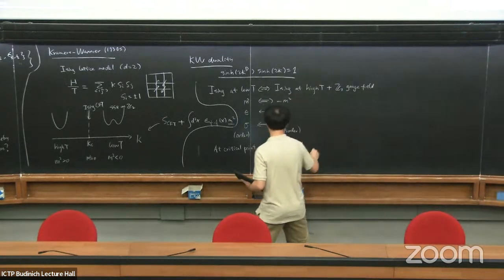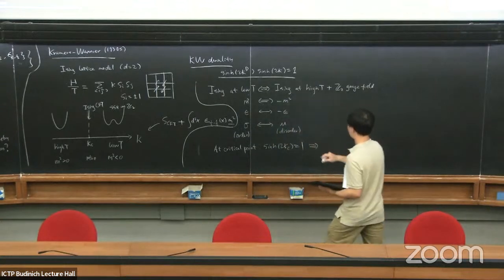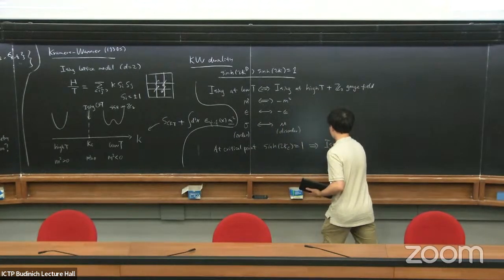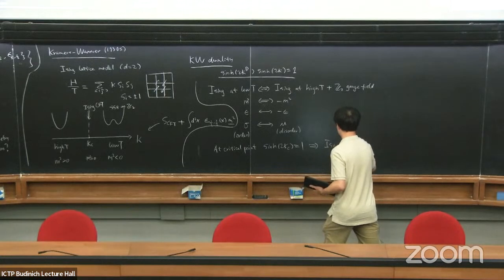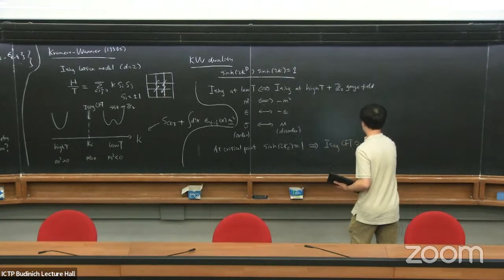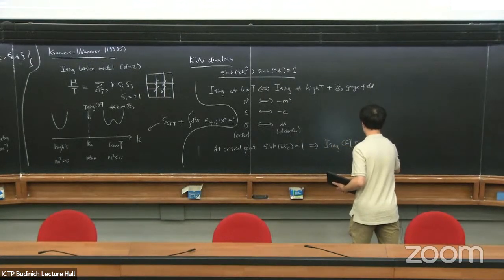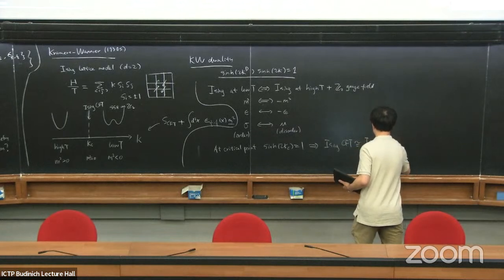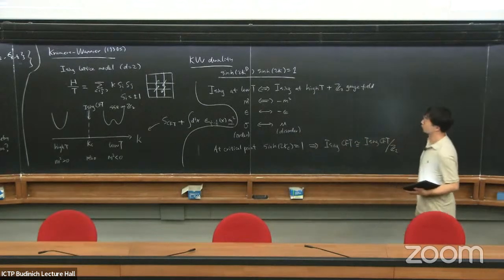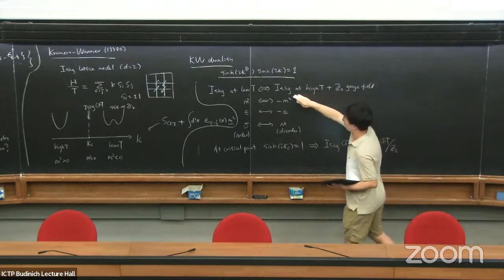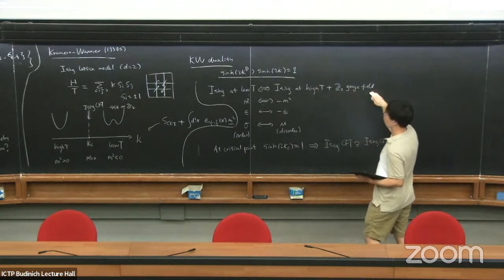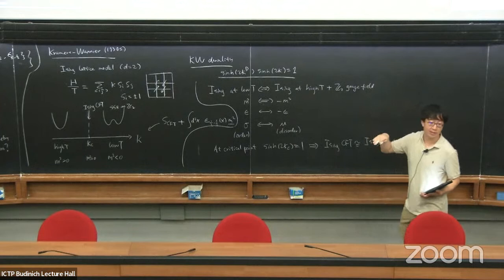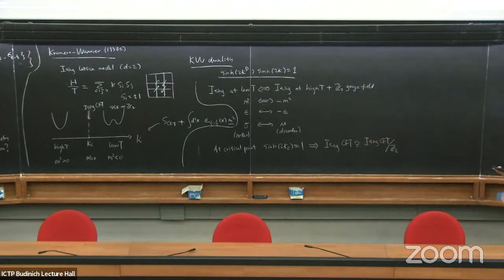This duality implies that the Ising CFT is equivalent to its Z2 orbifold. So this operation of coupling a quantum field theory to a Z2 gauge field is essentially implementing the Z2 orbifold. Okay.